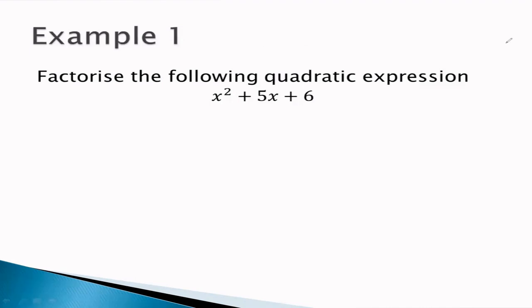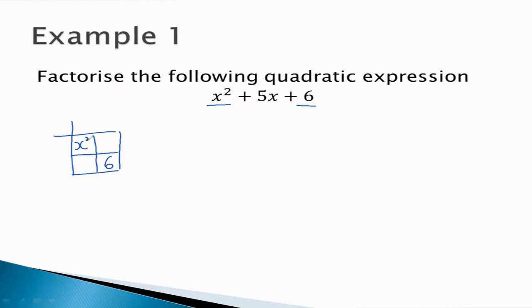How do I factorize this quadratic expression? Okay, x squared plus 5x plus 6. I'm going to draw this out. Now, I think they call this the matrix method. So look at this, x squared and 6. I'm going to write this down in this square here. X squared and positive 6, I'm going to write it here.